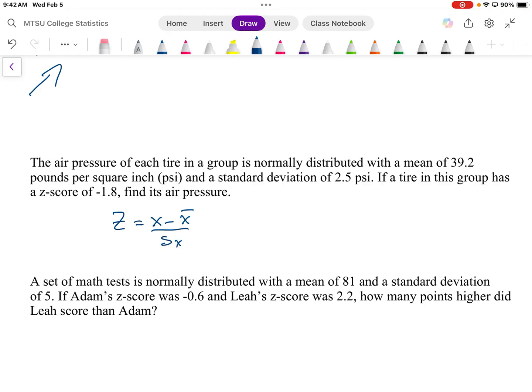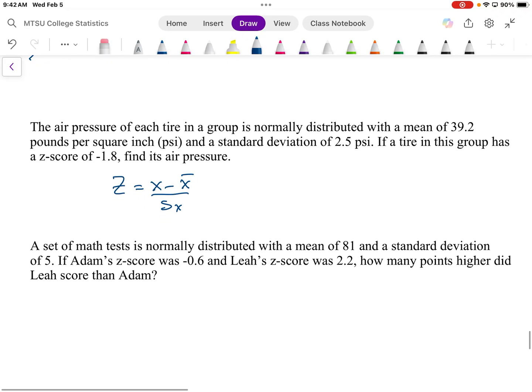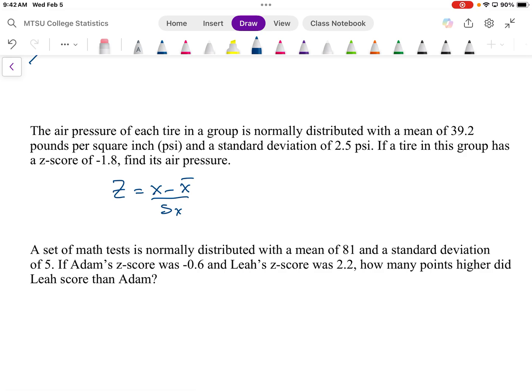And it doesn't matter if you're using mu and sigma as well. We have technically 4 variables in that problem. If I know 3 of the 4, I can find the 4th one. And that's one of the applications we've been practicing, always solving for the z.